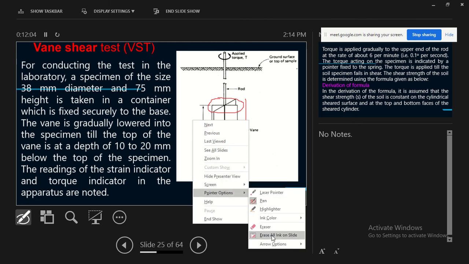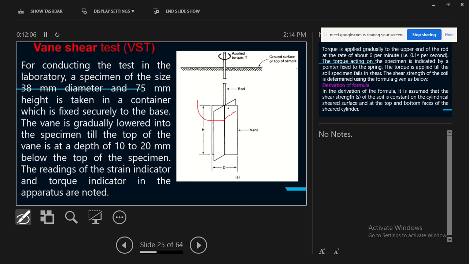When this thing is rotating, it will form a cylindrical failure surface, which you can view like this, where this is pi D, and this is H.